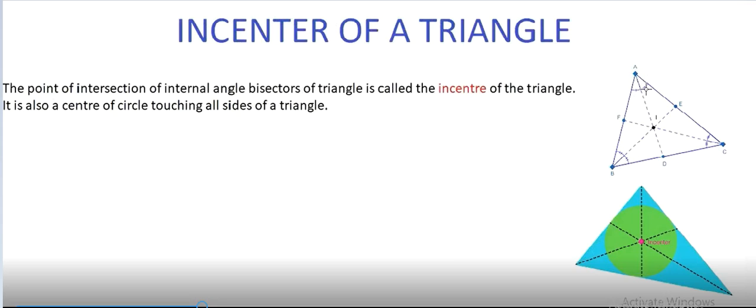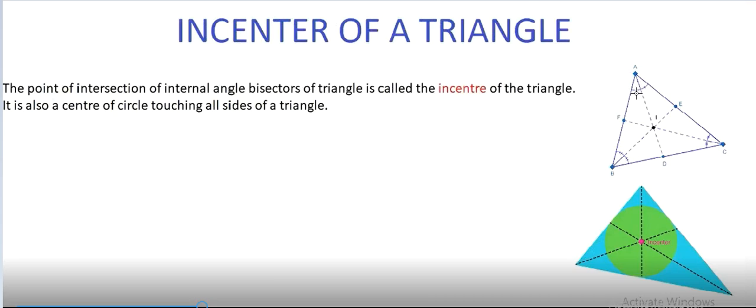Consider the vertex A and the angle here. AD is a line that divides this angle into two equal parts, then that line is called the angle bisector. That is, angle bisector divides the angle into two equal parts.